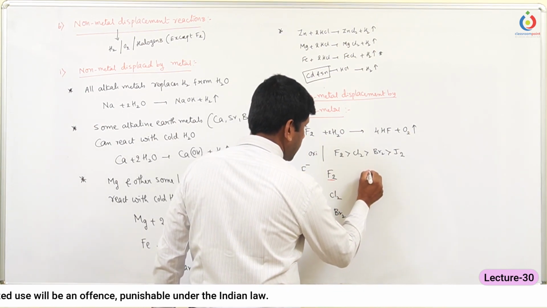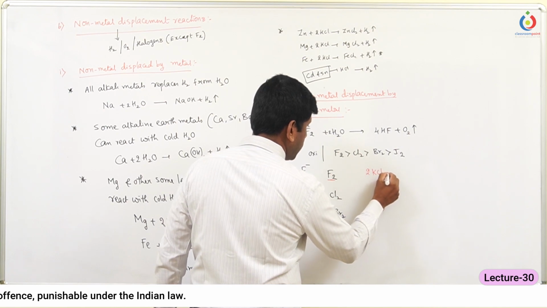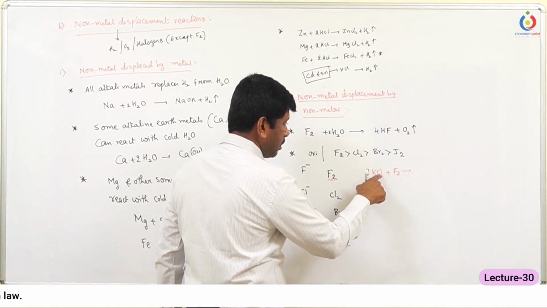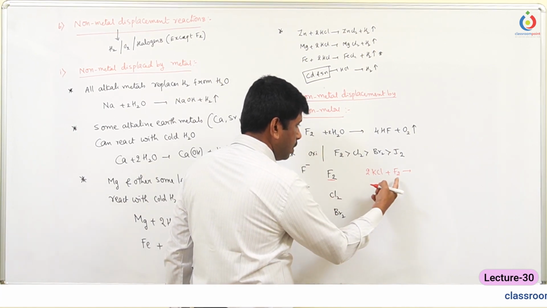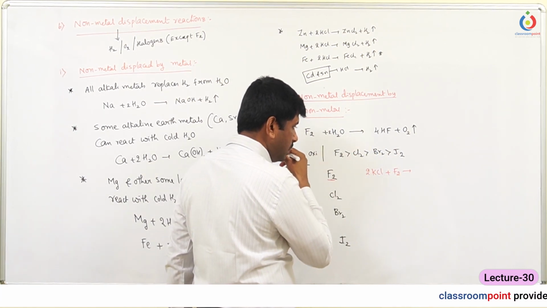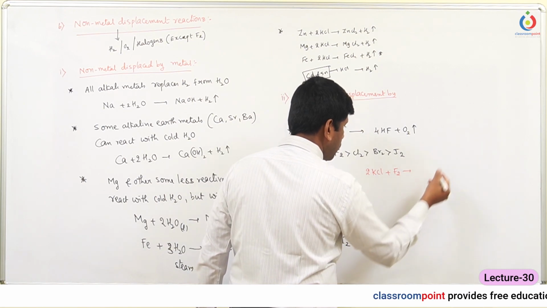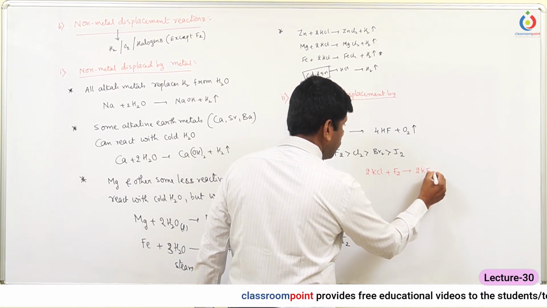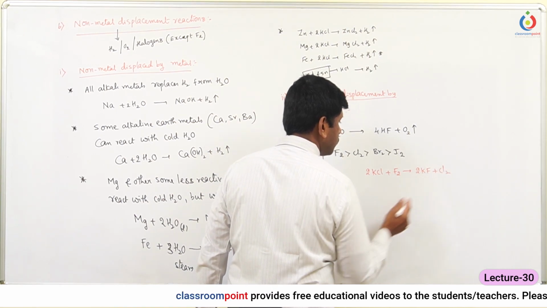For example, if you take 2KCl plus F2, in KCl chlorine is in the form of Cl minus. So fluorine comes, occupies its position and replaces the chlorine in the form of the chlorine molecule, so that we get 2KF plus Cl2.